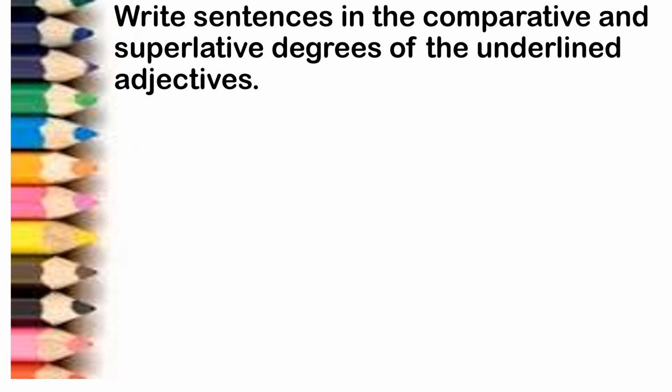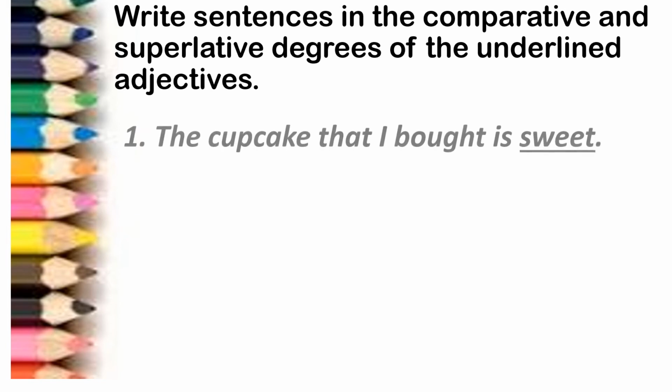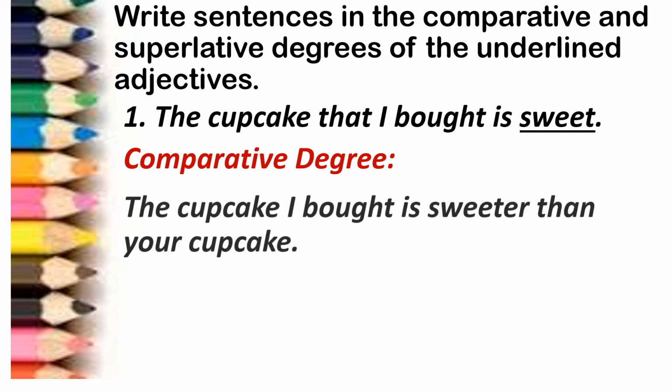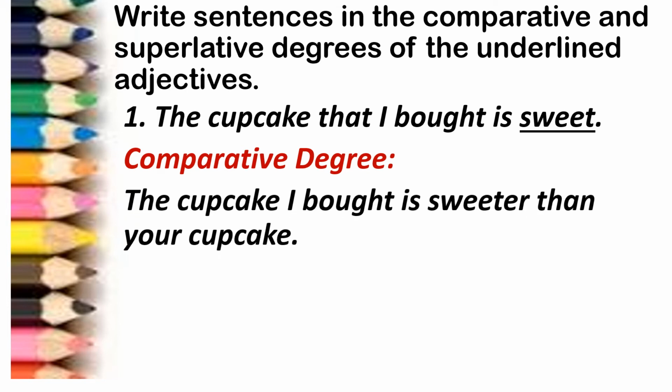For more learning, let's have learning task 3. Write sentences in the comparative and superlative degrees of the underlined adjectives. For number 1, the cupcake that I bought is sweet. How will you write it in comparative degree? The cupcake I bought is sweeter than your cupcake.